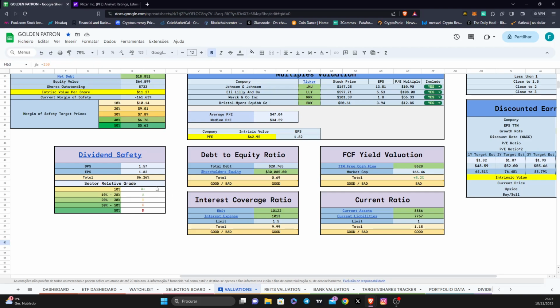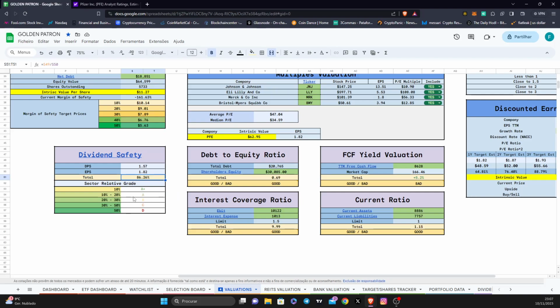So what this is telling us right now is that they don't have much room to increase dividends. What this does is basically take the dividends per share and the earnings per share, divide them, and give us a percentage, 86.26.